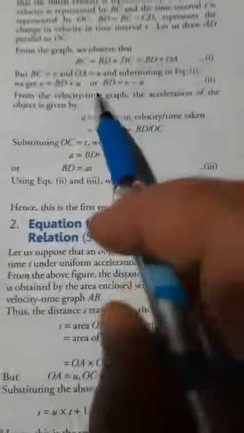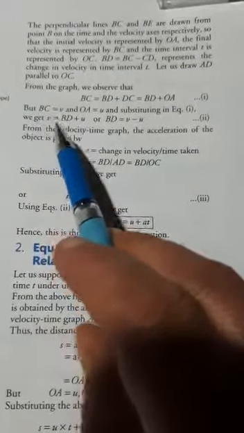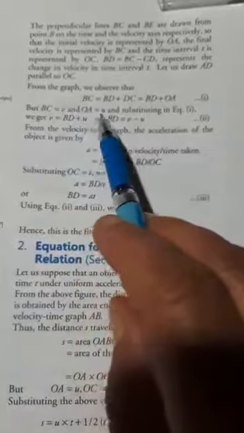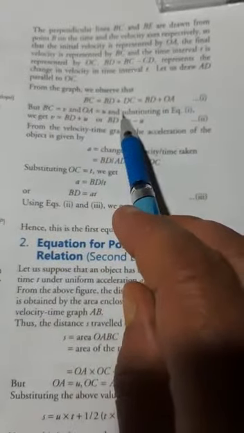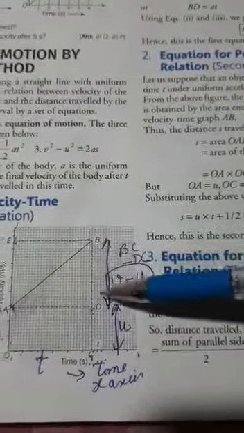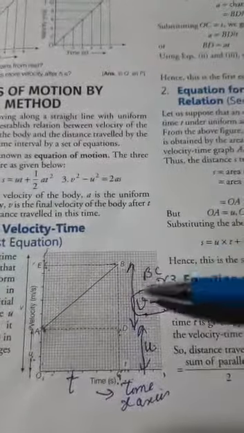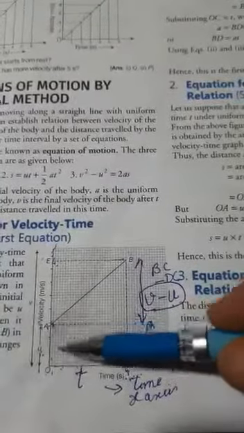Now see here, from the graph BC is equal to BD plus DC. This BC is equal to BD plus DC, that is BD plus OA, because this OA is equal to CD.